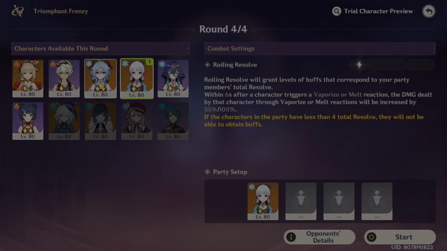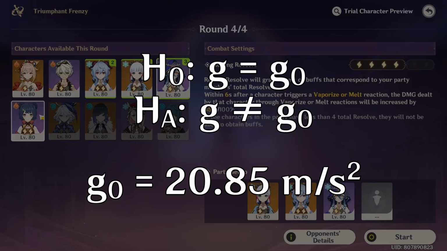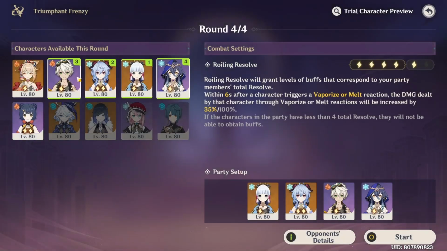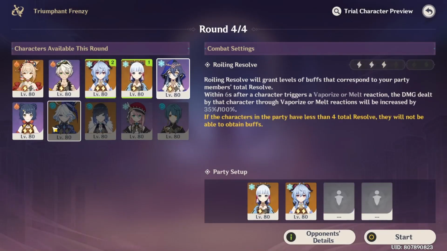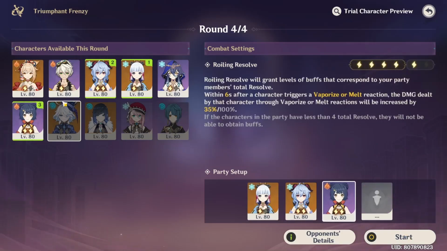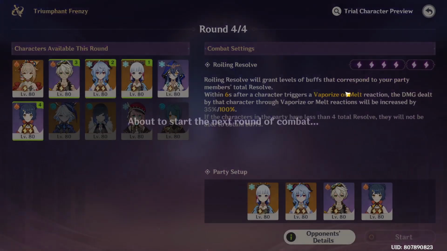This means that the null and alternative hypotheses are the following. G is equal to G0 and G is not equal to G0, respectively. The concept of hypothesis testing is that we have a statement that we want to test and see if we can rule it out. There are 4 possible scenarios when evaluating hypotheses.